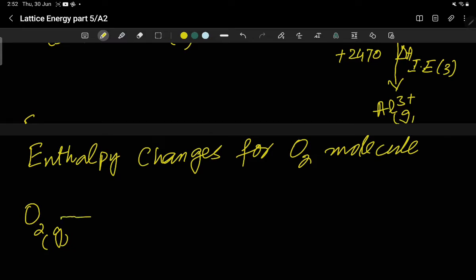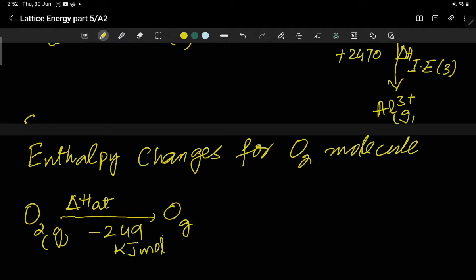This is oxygen molecule changes into oxygen gaseous atom, delta H atomization, and it is equal to half of its bond energy, minus 249 kilojoule mole inverse 1.